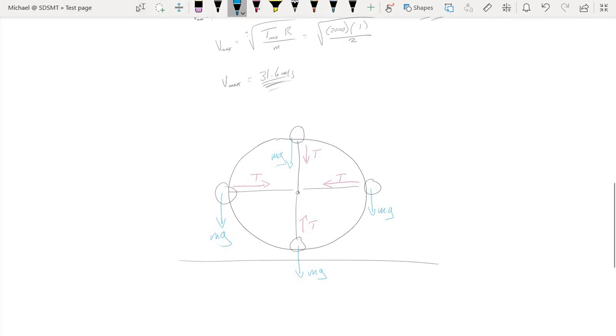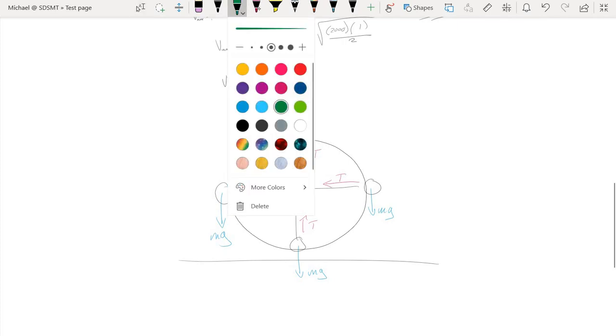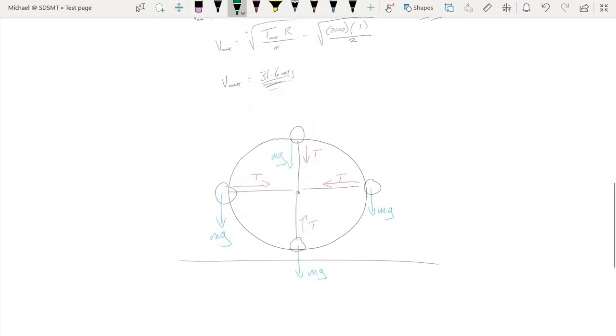At each location, I would have a centripetal acceleration that points towards the center of the circle, and I would need to set up a sum of forces at each location.